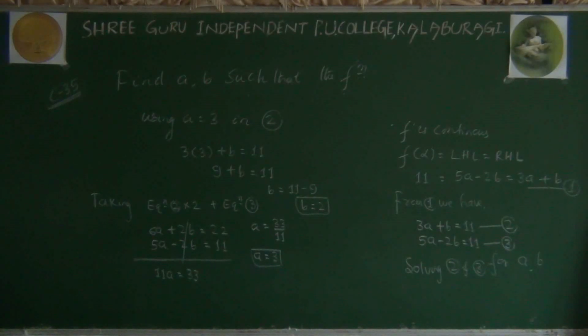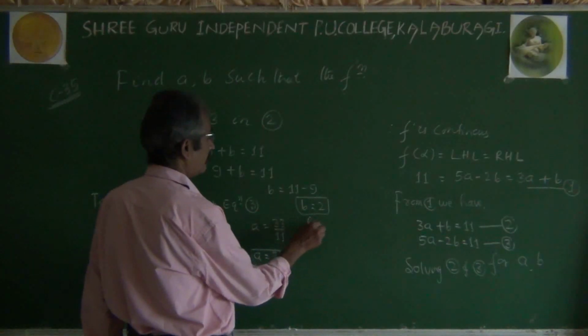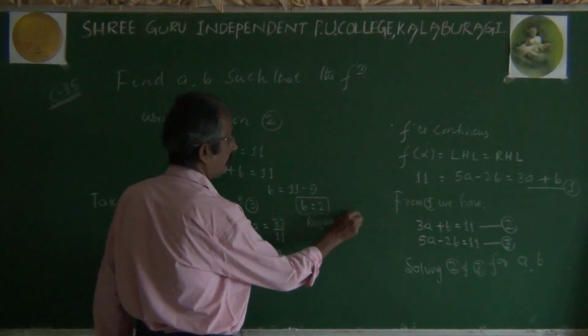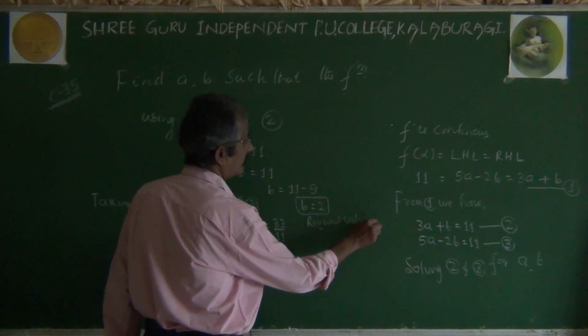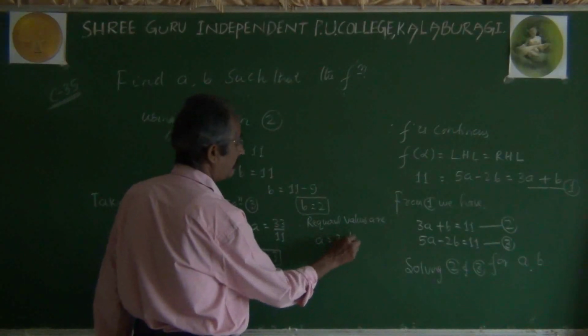So our required values are a equal to 3 and b equal to 2.